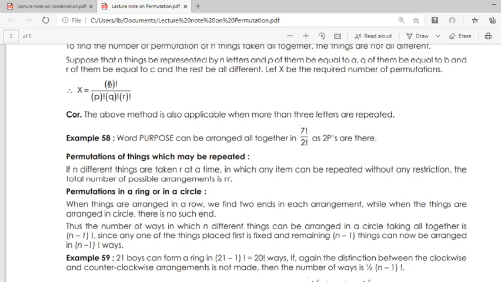It's the same way this is the formula you use when you have numbers and you want to arrange them: you look at how many of those are equal, like p, you have two p's. So you now have 7 factorial over 2 factorial.